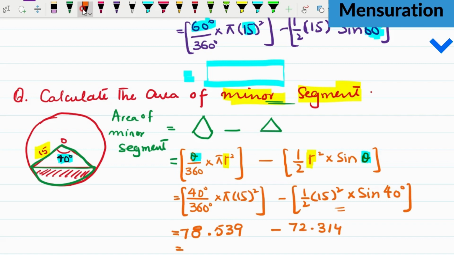So we need to subtract both of them and we'll get the answer 6.226. This is how we can easily find the area of this minor segment, right?